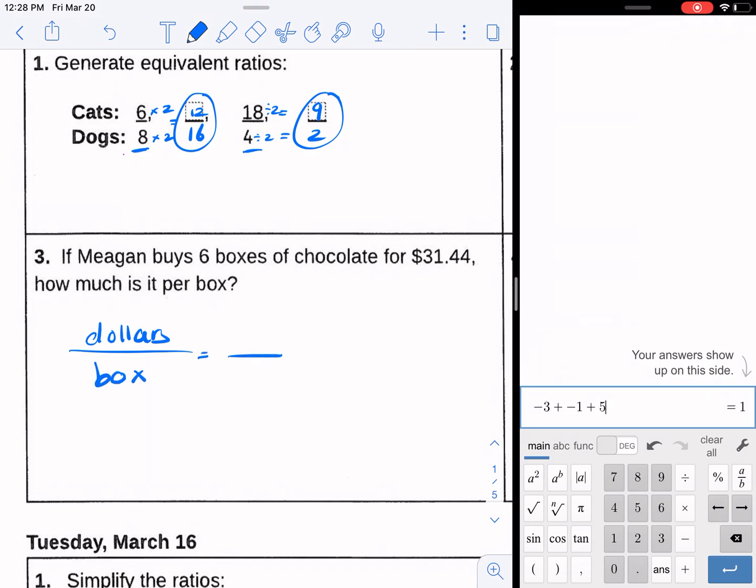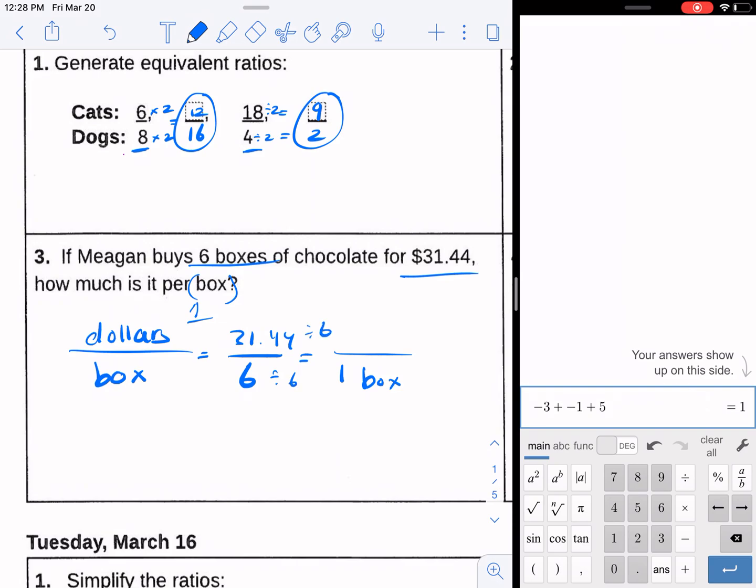Okay. And dollars, well, that's 31.44. Boxes, well, that is 6 boxes. So remember, I want to figure out how much it is per one box, right? Because this is one box. So I want a denominator of 1 box. So divide 6 by 6. Divide this up here by 6.